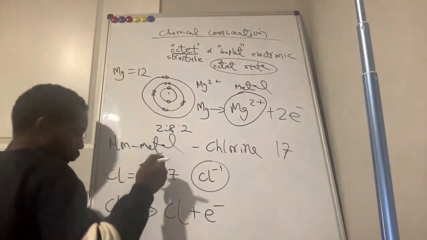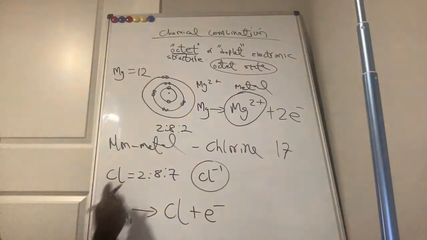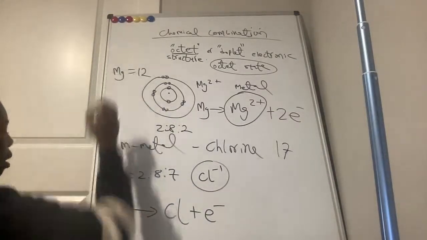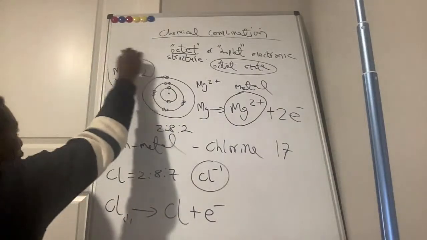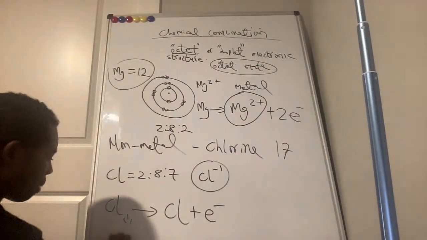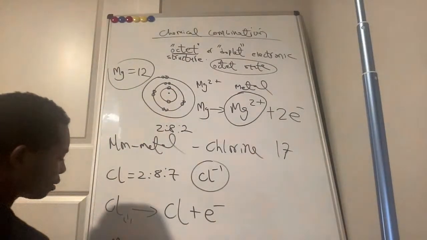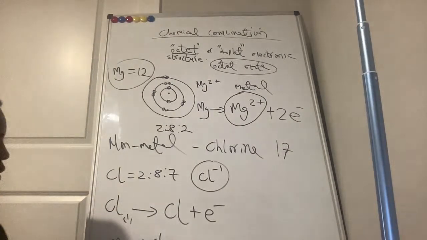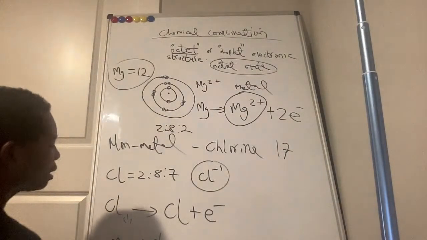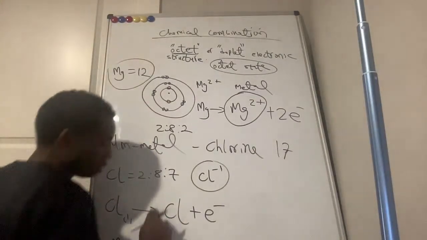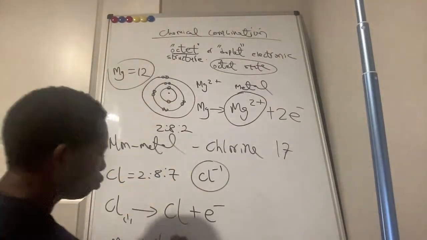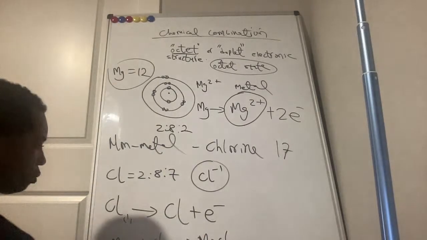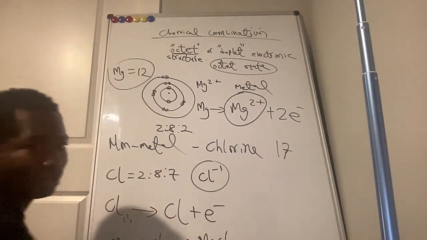Let's assume the first scenario is magnesium. Let's say magnesium reacts with chlorine, which is a gas. Magnesium has 2 electrons to give, and chlorine becomes stable when it gains 1 more. So it's going to give you magnesium chloride.